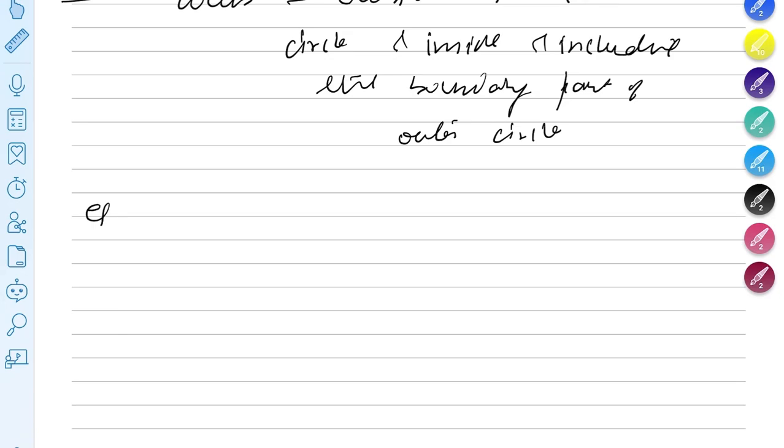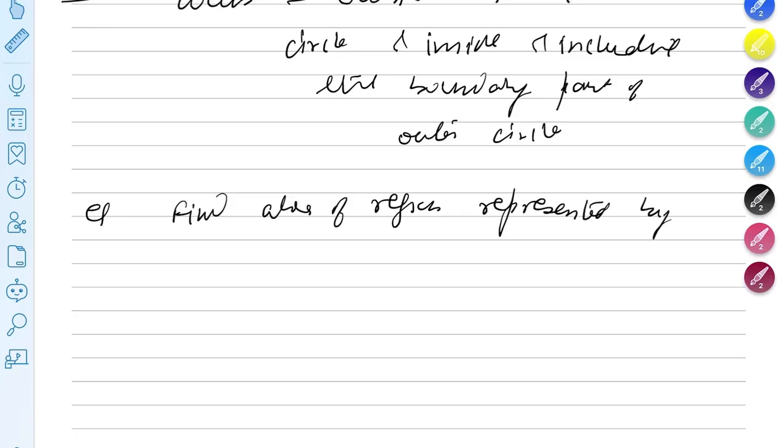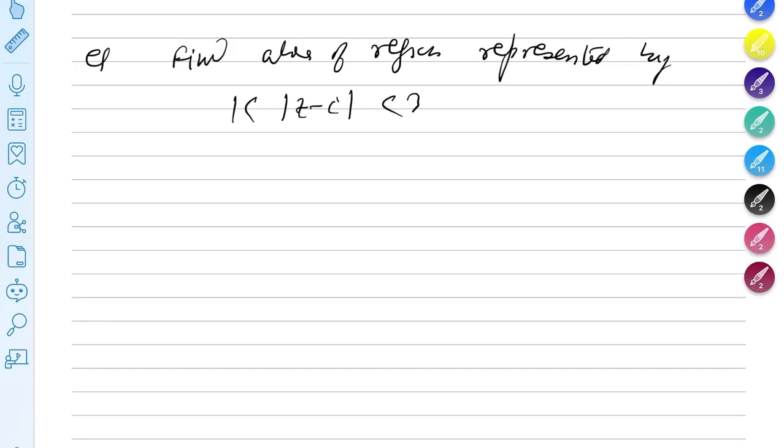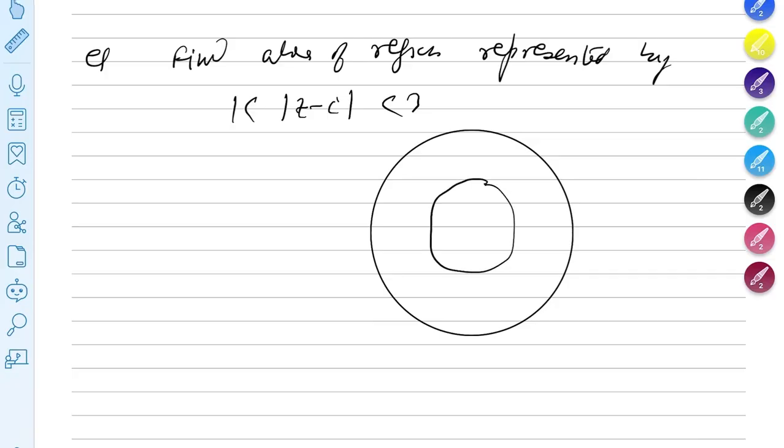Okay, for example, if I ask a very basic question: find the area of the region represented by 1 < |z - i| < 3. So clearly we know that they represent a circle with center at i and radius 3.